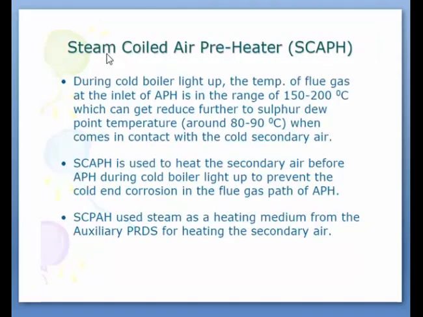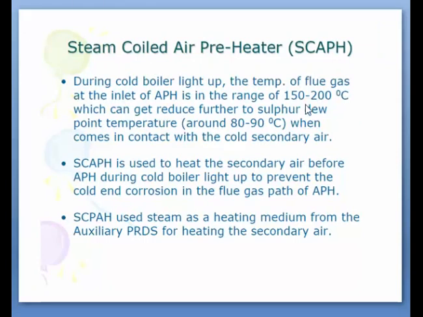So there is one more arrangement known as the steam coiled air preheater, that is SCAF. Basically, it comes into the picture when we are going for a cold boiler light up.